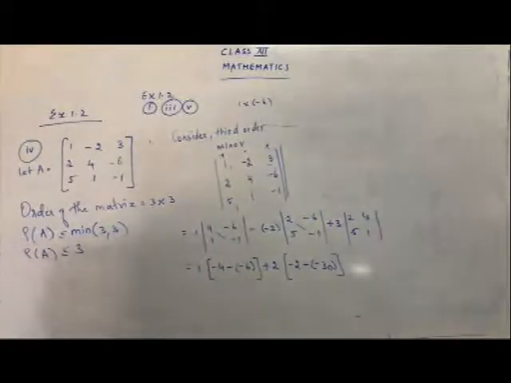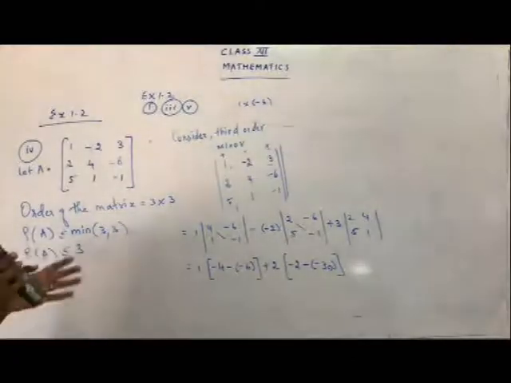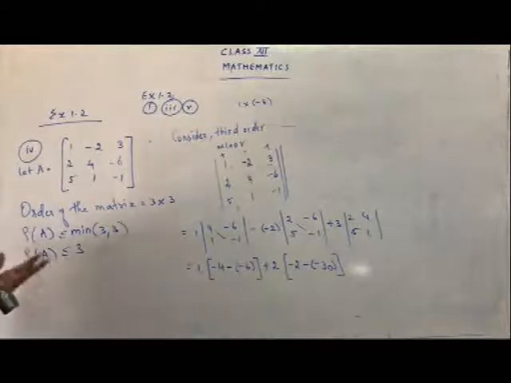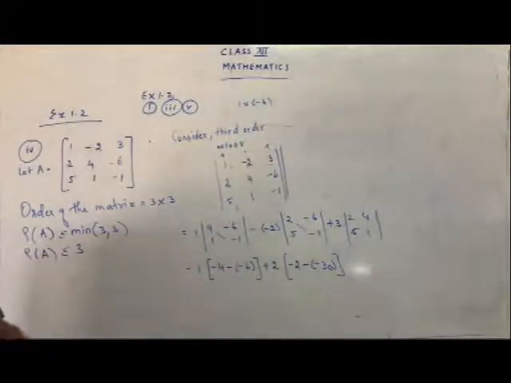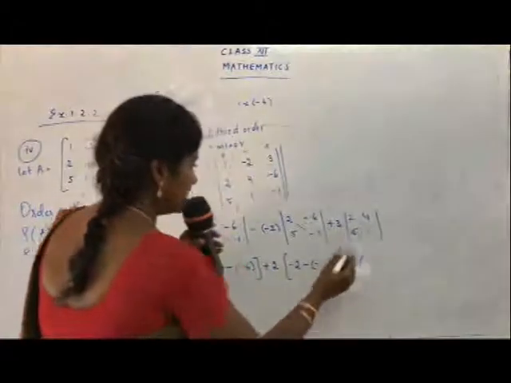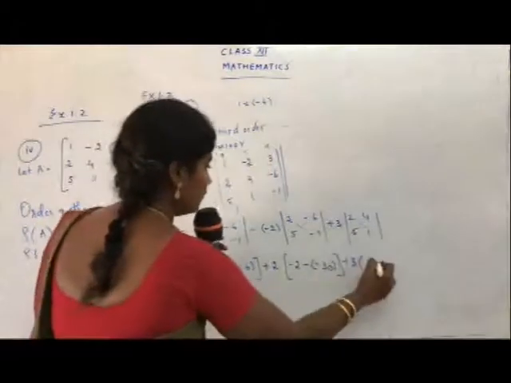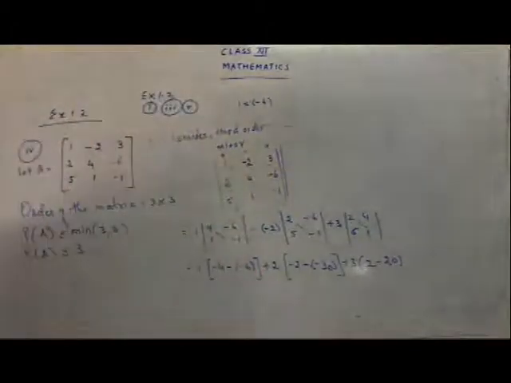Be careful with the integers. Integers is a topic that we have been learning from our 6th standard itself. So be careful with the signs. What do you get when you multiply a positive and a negative number, and a negative and a negative number? Just study properly and present the answers properly. Plus 3, 2 ones are 2, 5 fours are 20. Main sign is minus. So solve it.